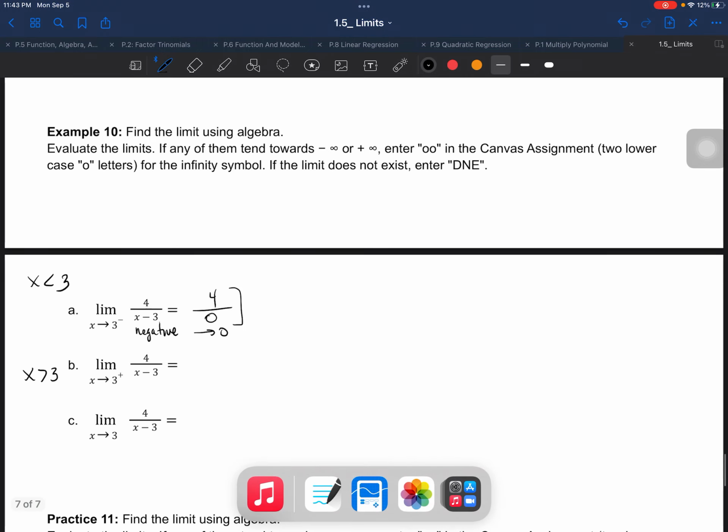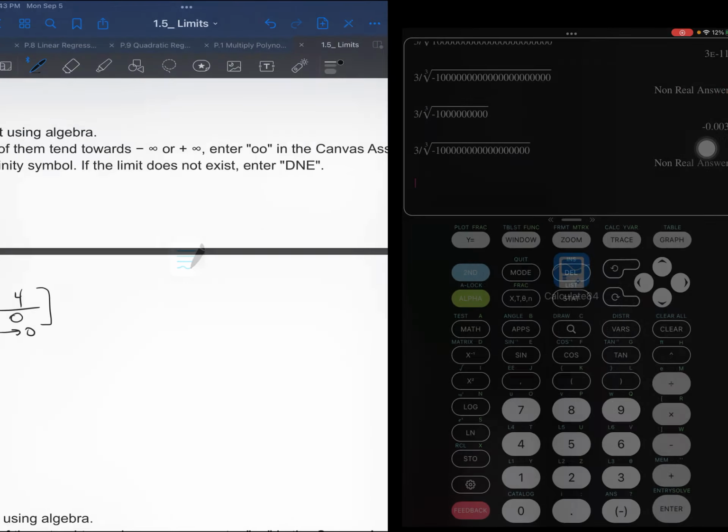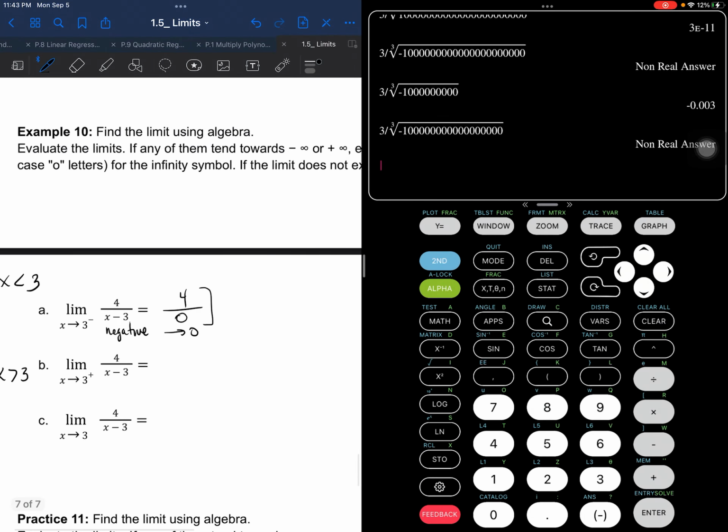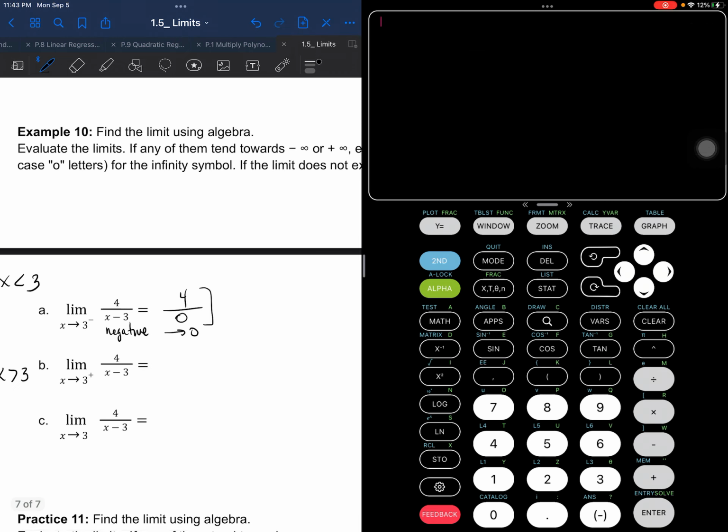We can think about what's going to happen to 4 over a number that's very close to 0. So what happens? 4 over a number that's very close to 0 will be like 0.00001. So what happens is the number is getting actually big, right?